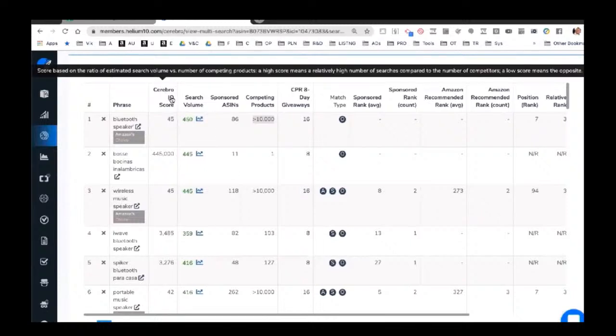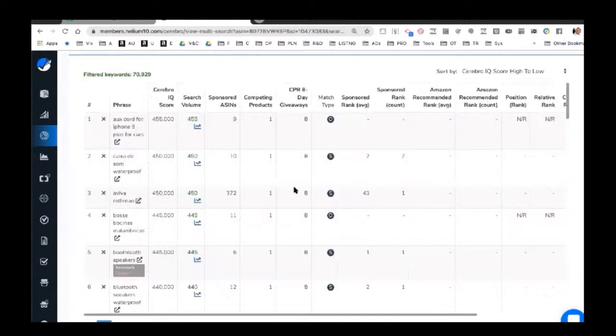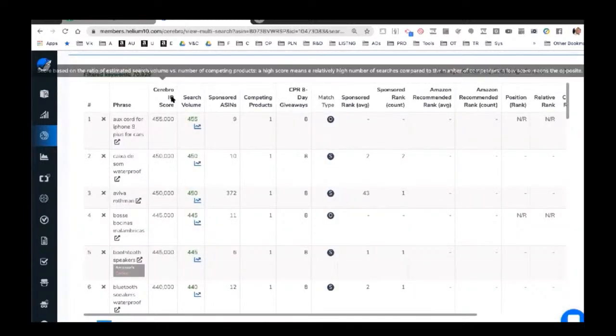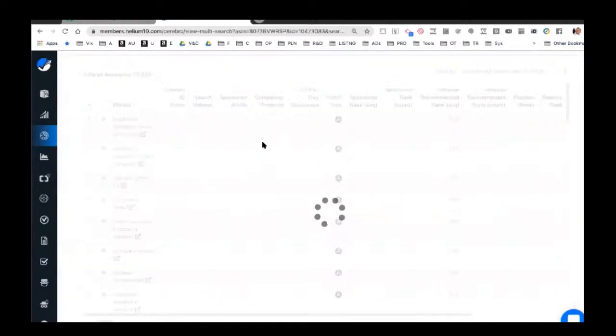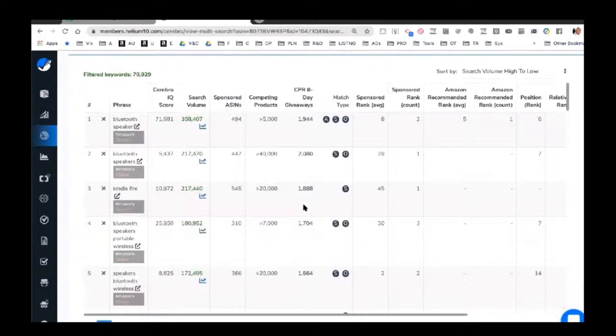And there's this Cerebro IQ score, and again it's not so black and white, but remember you have 300 units and $1,500. If you start ranking yourself on keywords which have, let me show you, over let's say 1 million people, and everybody is paying a crazy amount of money to Amazon on advertisements where the click prices are crazy high, or you can choose keywords like here, where there's a high search volume and a lot of competing products.